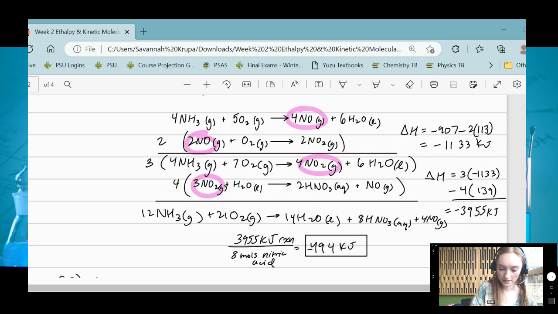So let's just write everything down. It sometimes makes it easier if you write it out like that. So now we'll have 12 NH3 gas plus 21 O2 of the oxygen. And it's important to note also that the NO2s are going to cancel out.